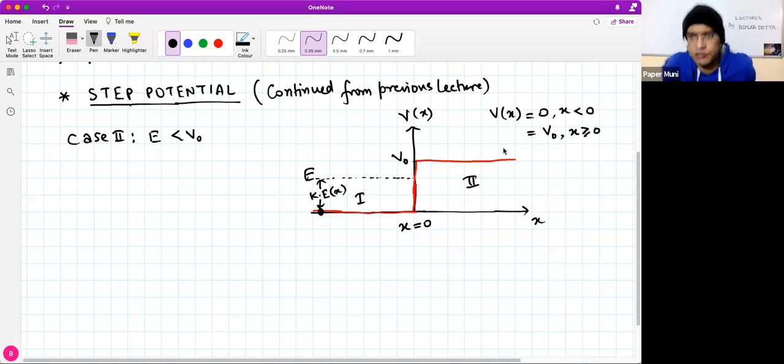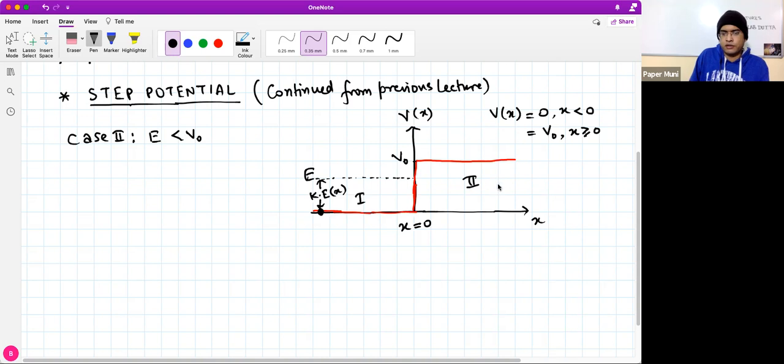So this is what we have here, and one thing we are sure about is this region. Is it classically allowed or classically forbidden? The region x less than 0 is classically allowed for this particle with this positive energy. But the other region is classically forbidden.